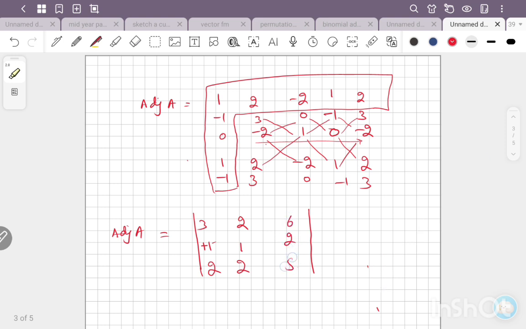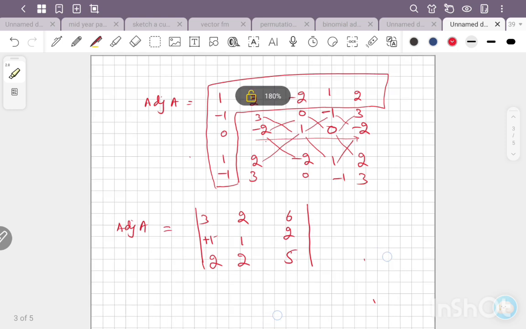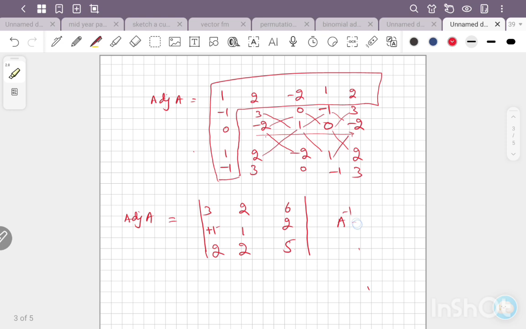Okay, you see, and here we get 5, and we put all these values in this formula, A inverse equals adjoint of A divided by A determinant. So this adjoint is 3 1 2, 2 1 2, 6 2 and 5. And what is the A determinant?